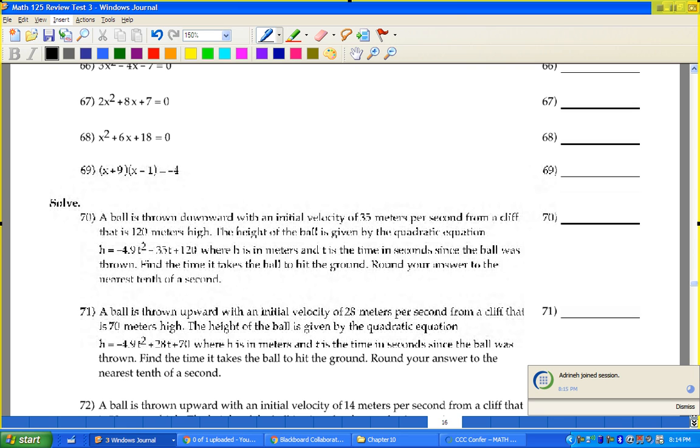Find the time it takes the ball to hit the ground. Round your answer to the nearest tenth of a second.